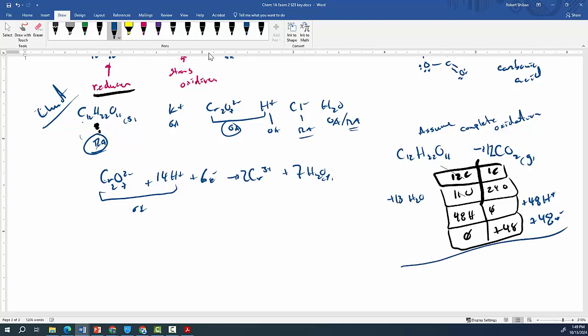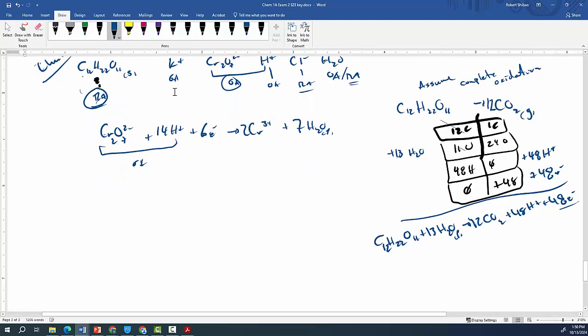So altogether, I'm going to have 1 sucrose, C12H22O11, plus 13 H2O liquids produces 12 CO2s plus 48 H plus and 48 electrons. That's pretty electron rich, if we can lose up to 48 electrons undergoing complete oxidation.